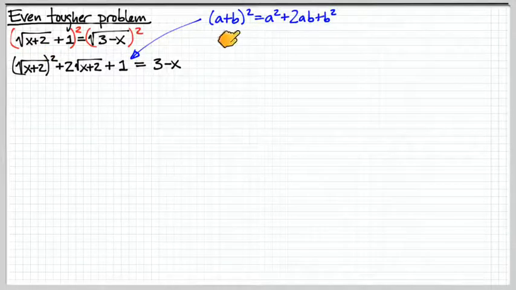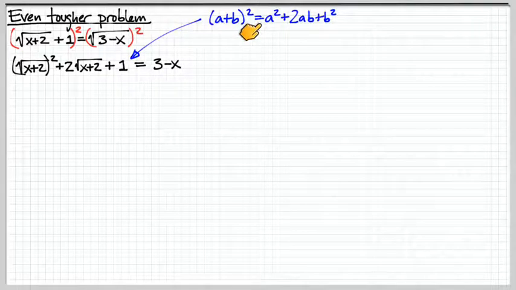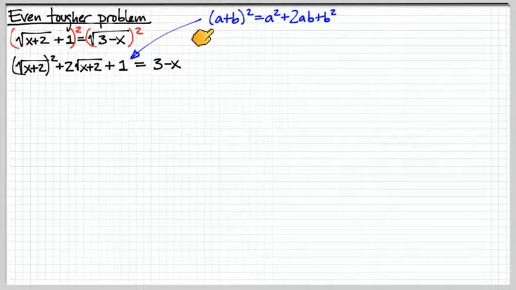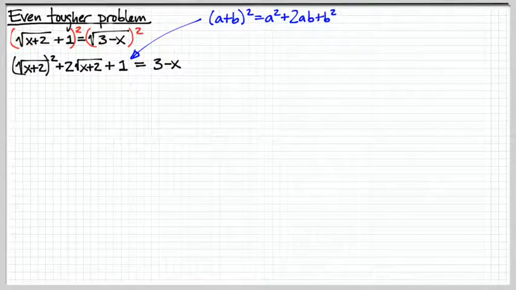Remember this concept here. When I have a plus b quantity squared, it's actually equal to a squared plus 2ab plus b squared. That's the expansion of a plus b squared. So if we apply it to this case here, this square root right here is our a term. You could see this.